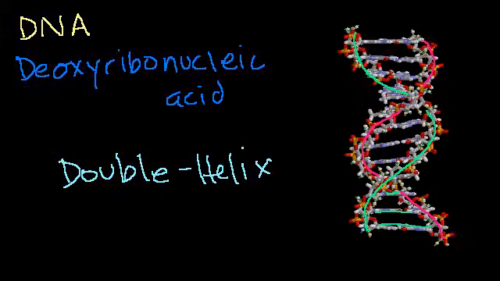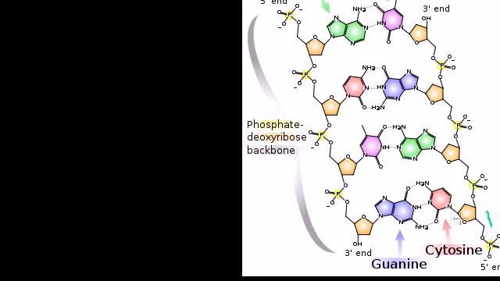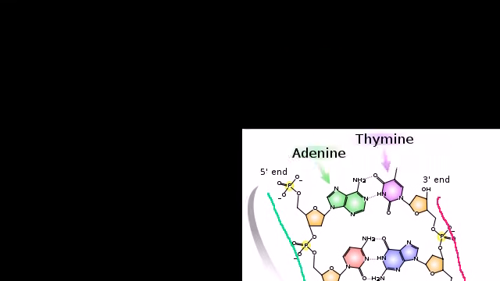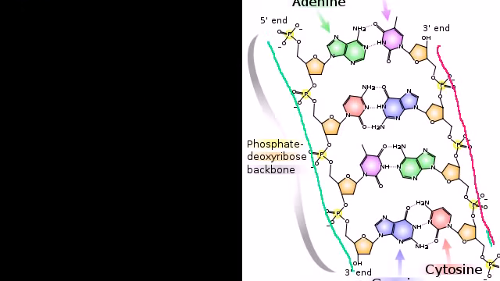But if I unwind this helix, one side would be this magenta side, and then one side is this green side, right? And if you twist it up, you get back to this drawing up here. And these bridges that you see in the double helix, those are these connections right here. These are the bridges.